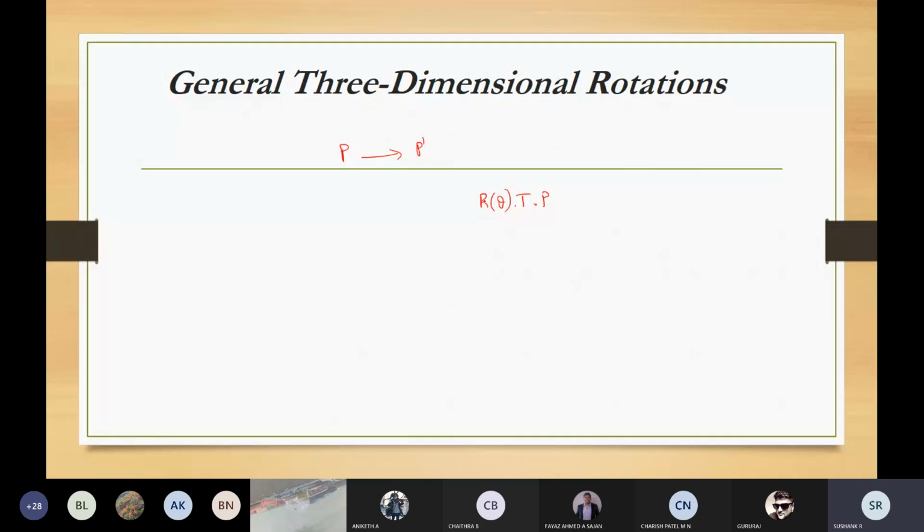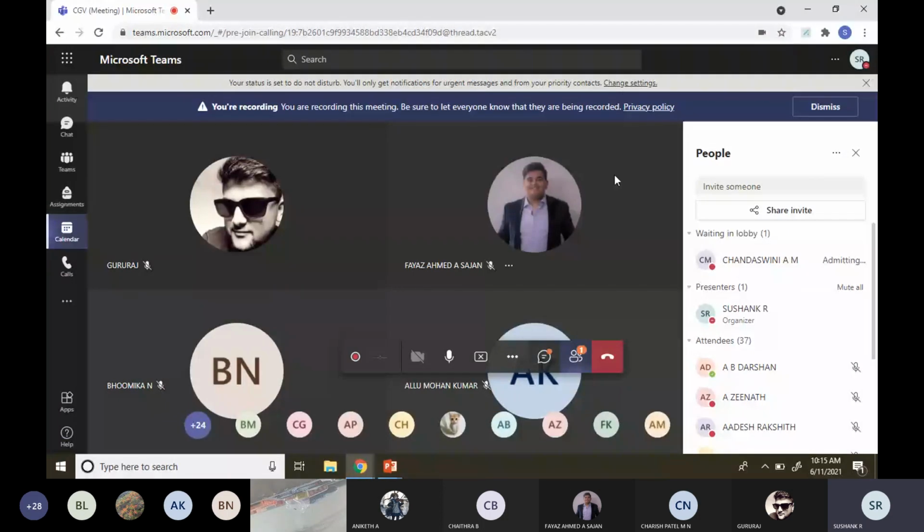After rotation, they performed the inverse translation. These are the operations needed to bring that object from one position to another position and rotate it. These are the steps involved in the rotation of an object.